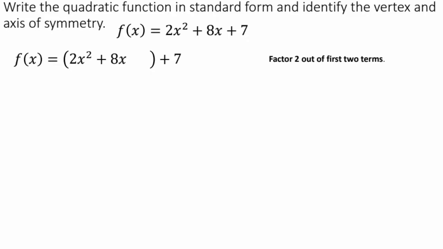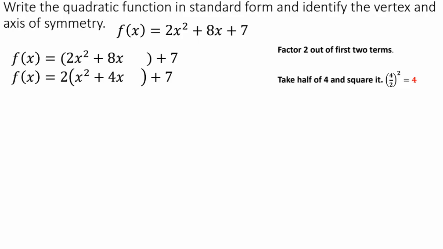What I like to do is a process called completing the square. So the first thing I'm going to do is factor out a 2 from the first two terms because I want the leading coefficient to be a 1. Okay, so I'll factor out a 2, and this gives me 2 times x squared plus 4x. And I left a blank here because I'm going to complete the square, okay?